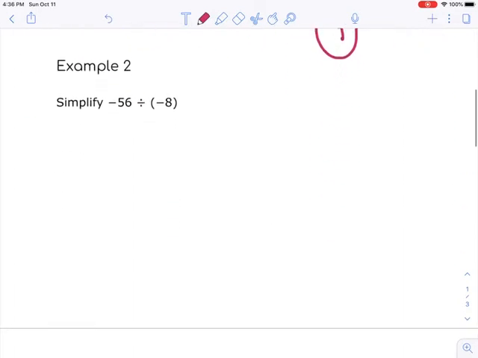Let's try another one. Example 2, simplify negative 56 divided by negative 8. We have a negative divided by a negative, so my answer here is going to be positive. That's my first step.